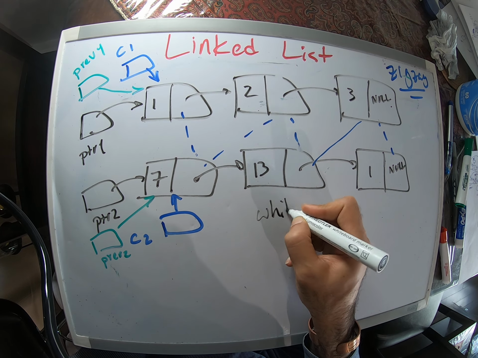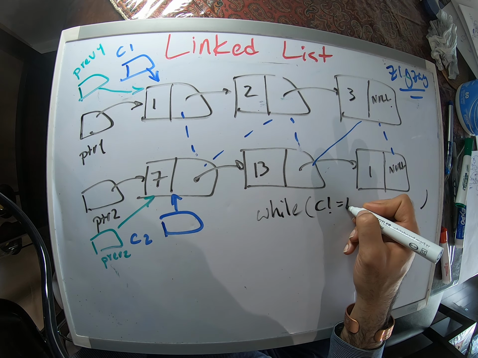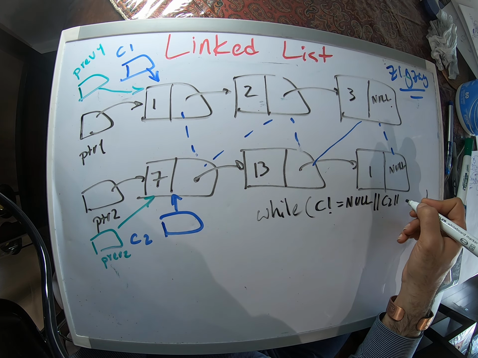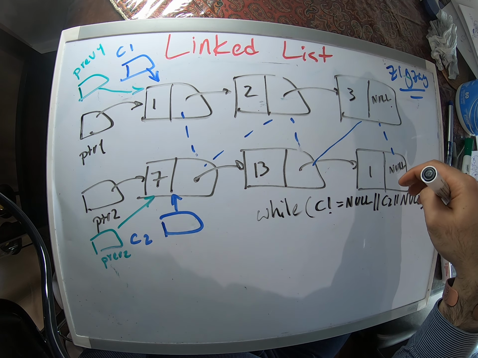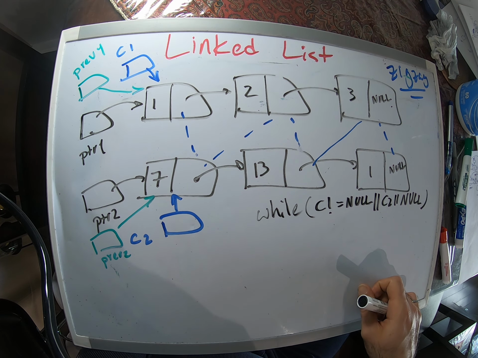while C1 is not equal to null, or C2 is not equal to null, right? Let's say if we finish one of them first, it means that there's nothing else that we do, so there's nothing else to add.